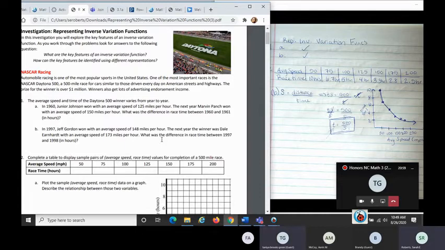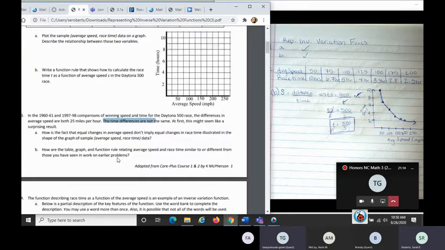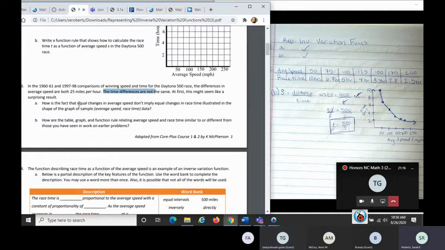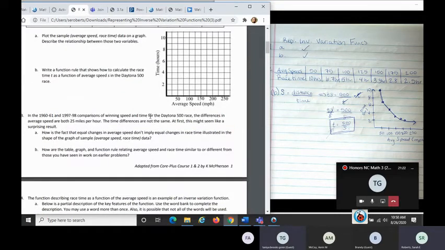It said 3.3. Okay, yeah, so 3.3. That's a pretty big difference, but they had the same difference in speeds, right? This one went 25 miles per hour faster, and this guy went 25 miles per hour faster. So it's saying, how is that illustrated in the shape of our graph? What did you guys say?